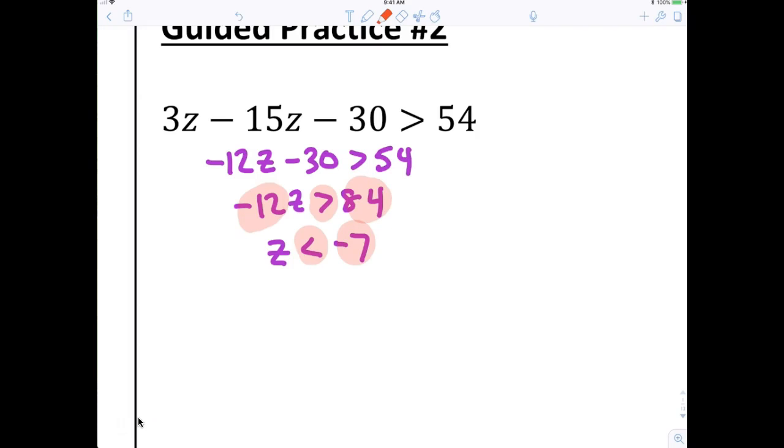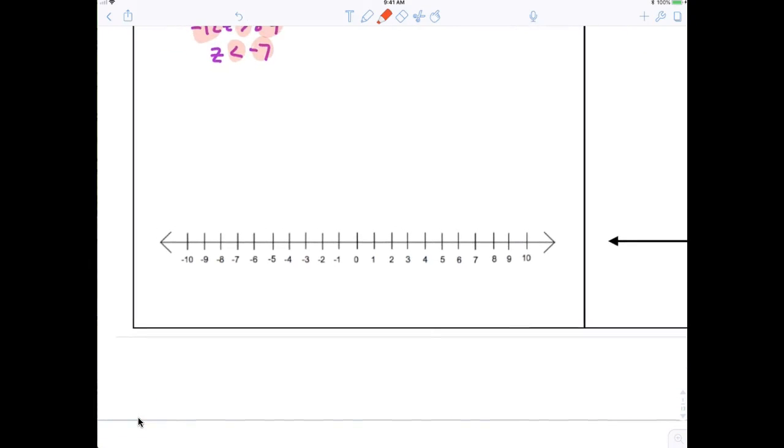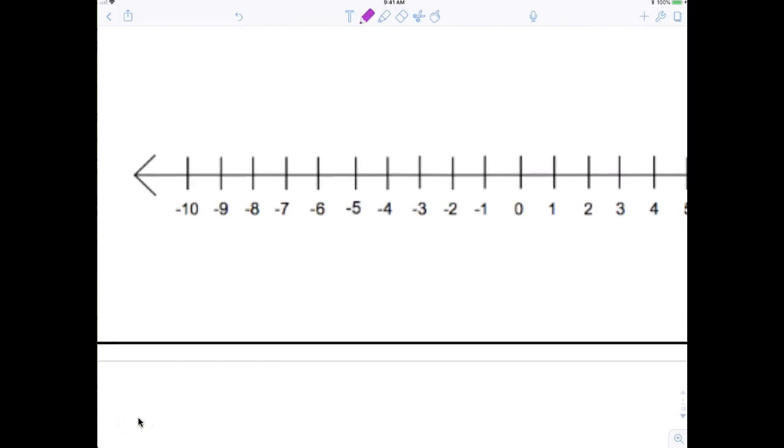Okay. Now we got to graph this. Everything less than -7. Is -7 less than -7? No. No, look up. So we say it requires an open parentheses, not a closed. If it's not equal to, it's an open circle.